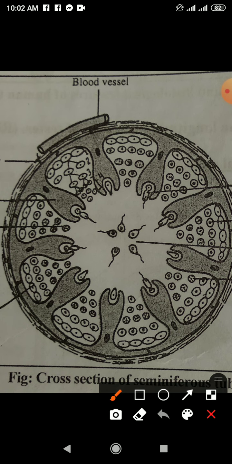Look at that. These are the tight junctions, and these are the blood vessels. It is a barrier or partition which separates the blood from the spermatozoa. Now the question is, why should there be a partition?